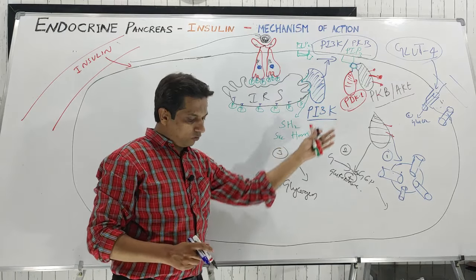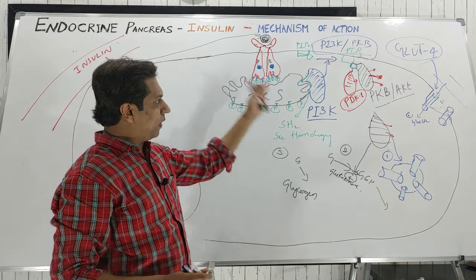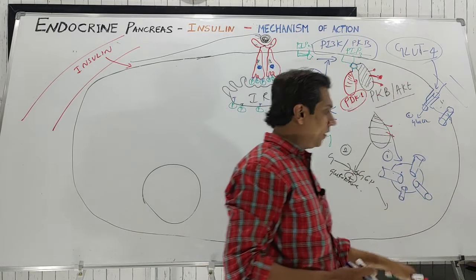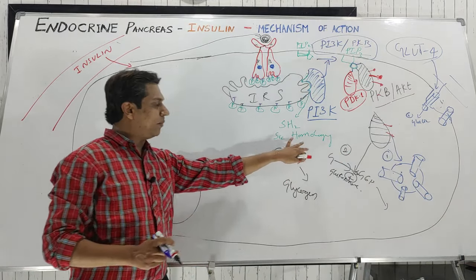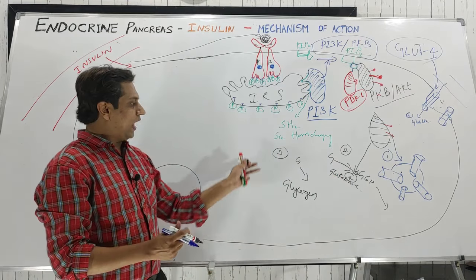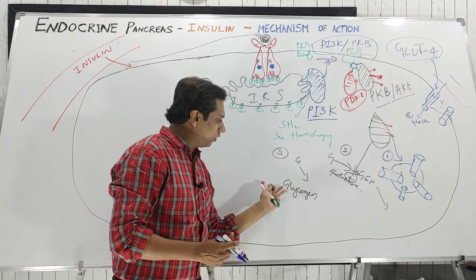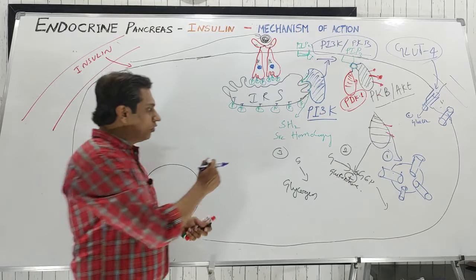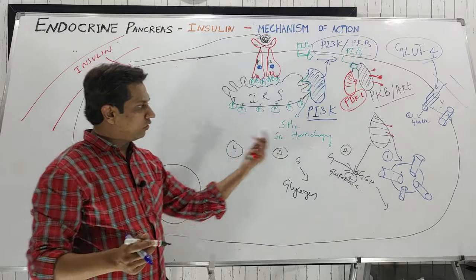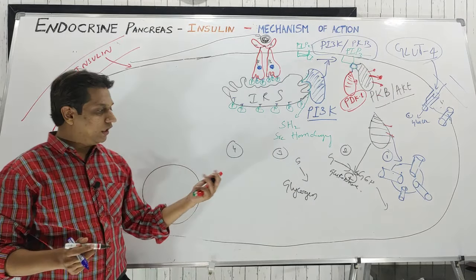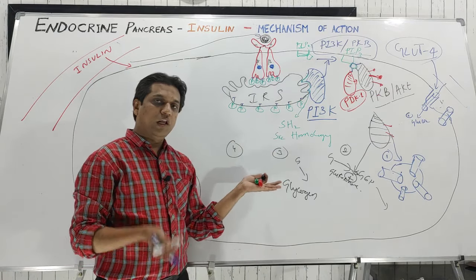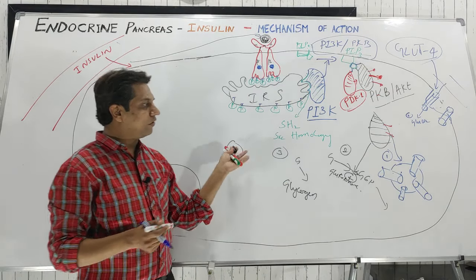It increases the permeability of the cell membrane, and affects metabolism in the cytosol, that is, it increases glucose uptake and converts glucose into glycogen. It also takes up amino acids, which leads to protein synthesis and lipid synthesis. We will discuss those different actions.